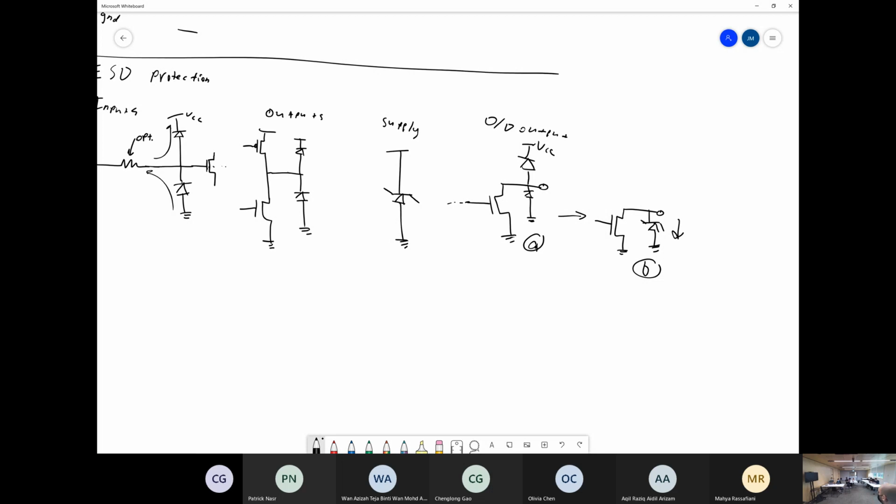Why would you not always do B instead of A? Well, it's a lot more difficult to actually construct a Zener than a normal diode because of the doping concentrations. This is slightly out of scope, but when you buy a chip as a chip manufacturer, say I've designed my integrated circuit and send it off to get made, it comes with a base layer or base package, which is just transistors and metal.